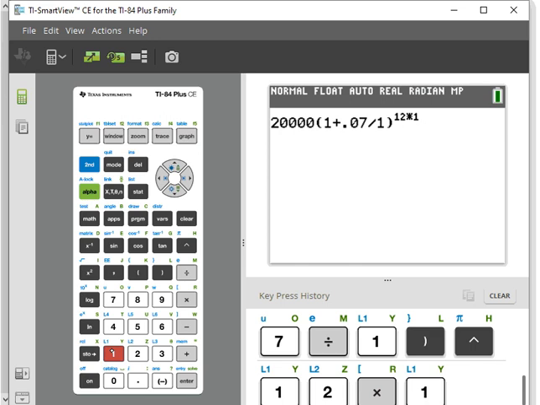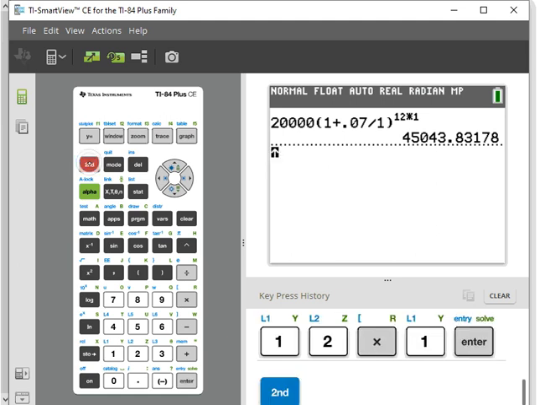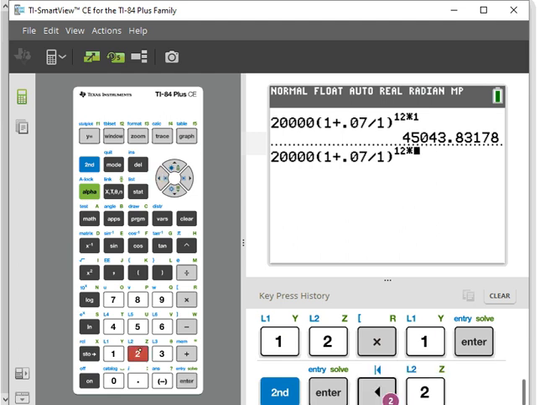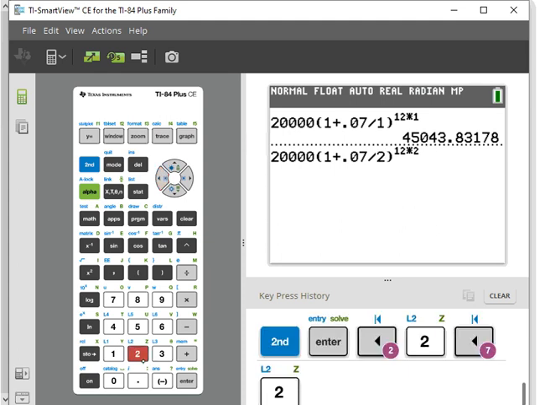However, for extra button presses for the next time, I'm typing it in and we get $45,043.83. Now to make the second one quicker, because the next one is 2, I hit second enter on my calculator. That repeats what I just wrote in there, and I just need to go back and change my 1s to 2s. This is one way to do this in a slightly quicker way.